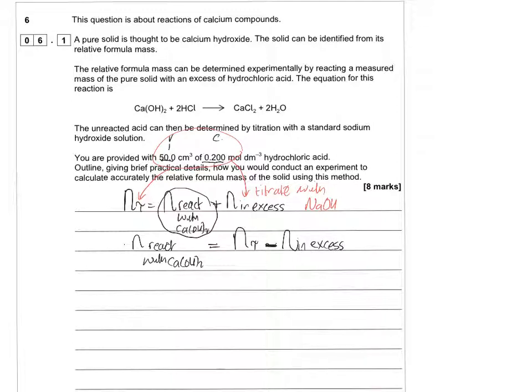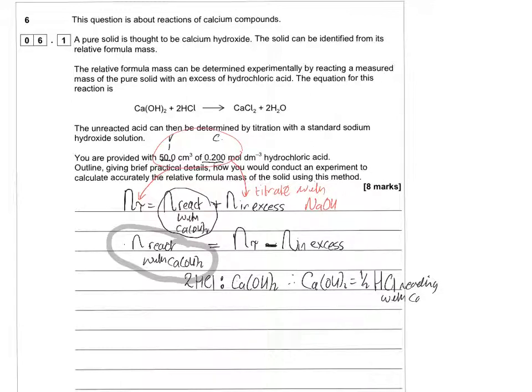Once we've got that, if we know the moles that have reacted with the calcium hydroxide, we also know that because of the ratio, we've got 2 HCl's to 1 calcium hydroxide, the moles of Ca(OH)2 is equal to half the number of moles of HCl reacting with the calcium hydroxide.